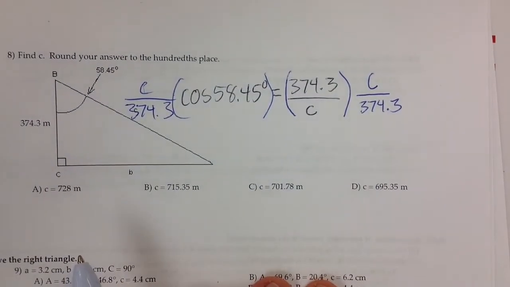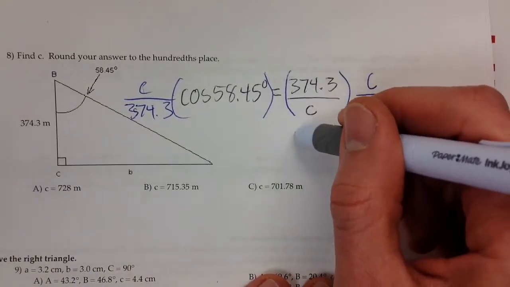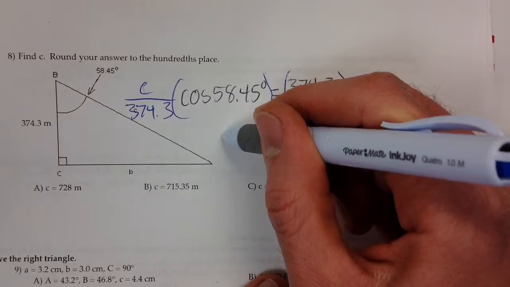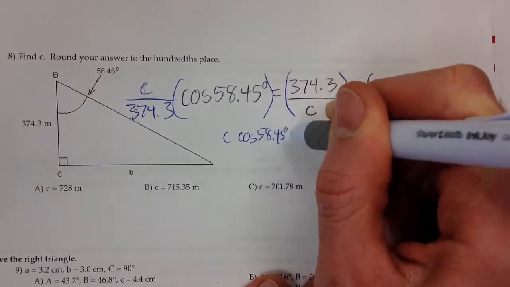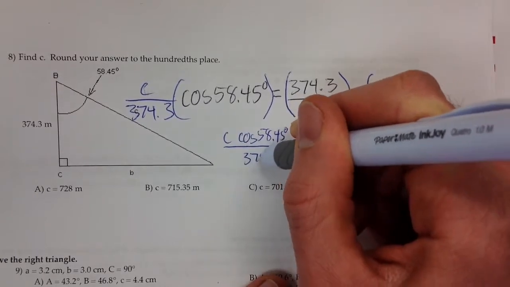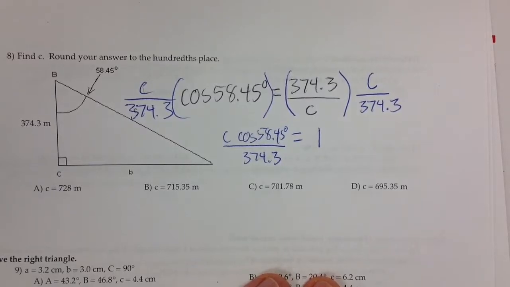So you tell me, Melanie, what happens on the right-hand side? That would be 1. Very good. Something times its reciprocal is 1. What do you think you would do next? Okay, so then we would divide. By?